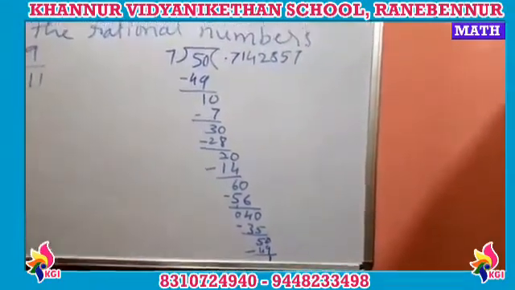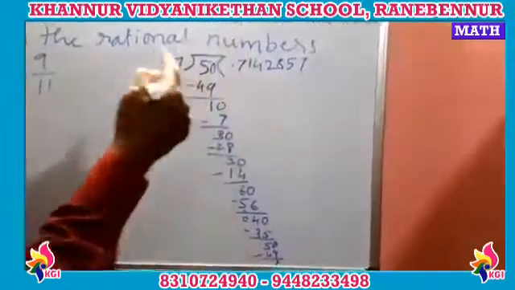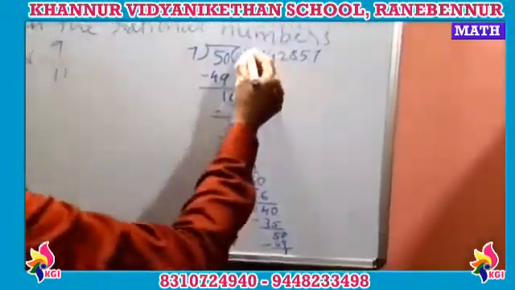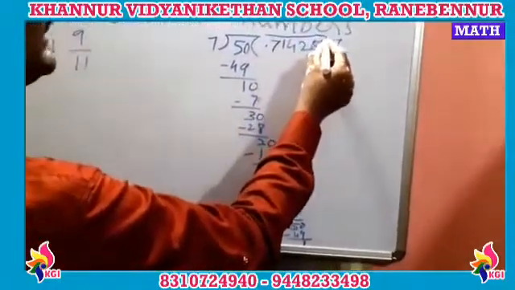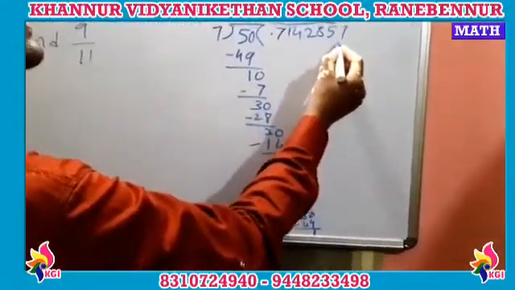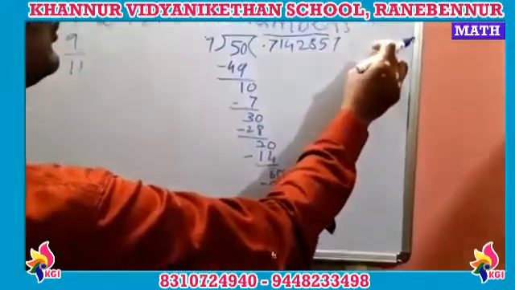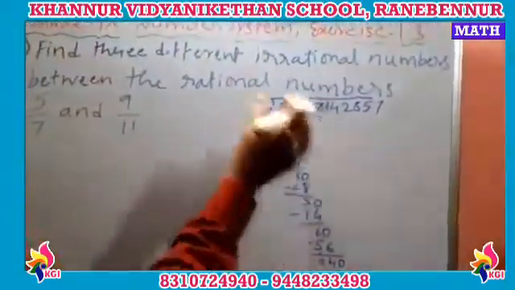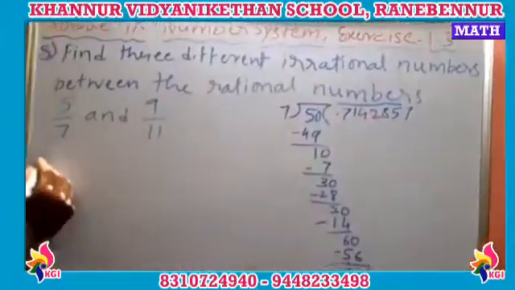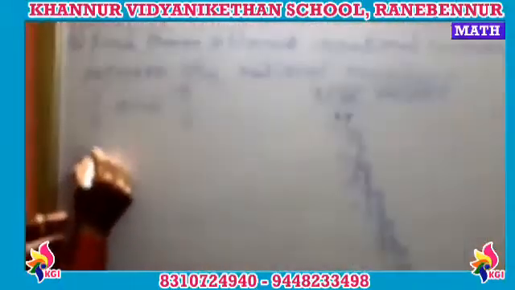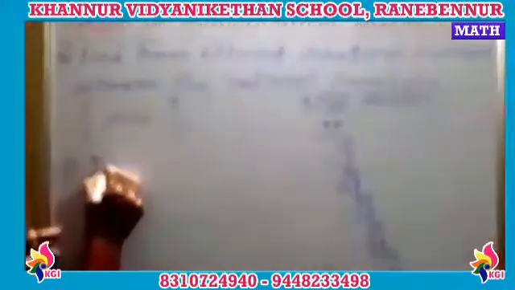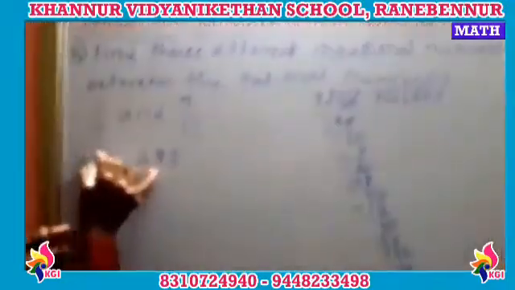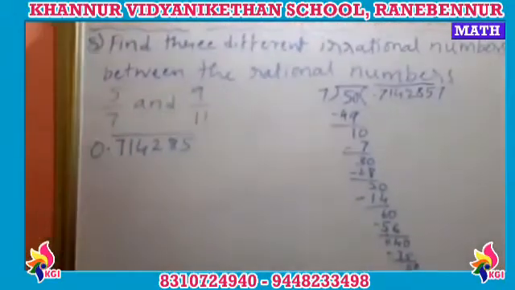If I get 1, it means something is recurring. It is going to recur: 0.714285, again 714285 comes. So the decimal is 0.714285 bar. We have to write this bar. You should not forget it, okay children.